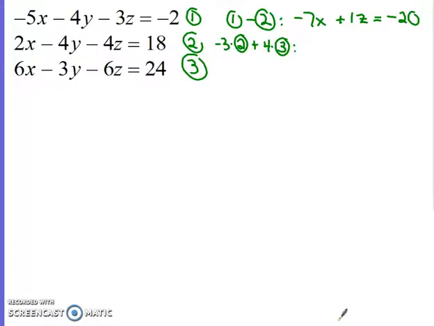Let's be really careful. So this is going to be negative 6 because I'm going 2x times negative 3. So that's going to be negative 6 plus 24 because I'm multiplying 6x times 4. So negative 6 plus 24 is 18x.